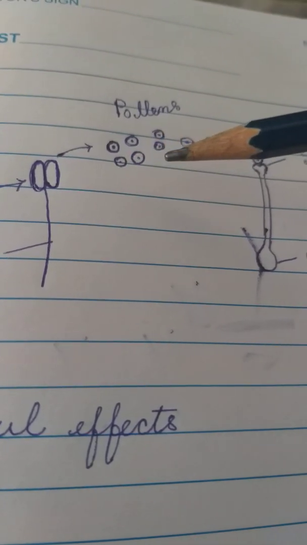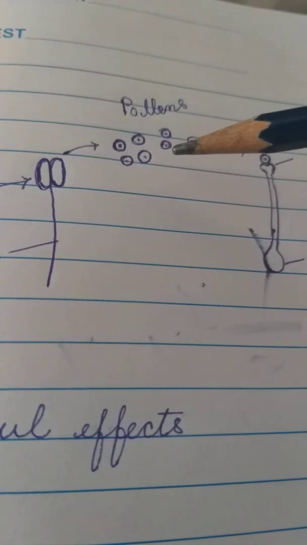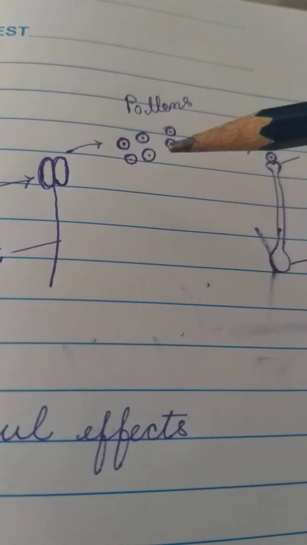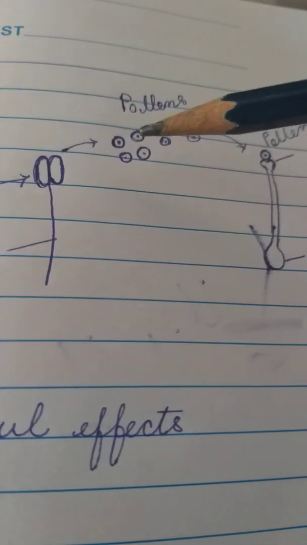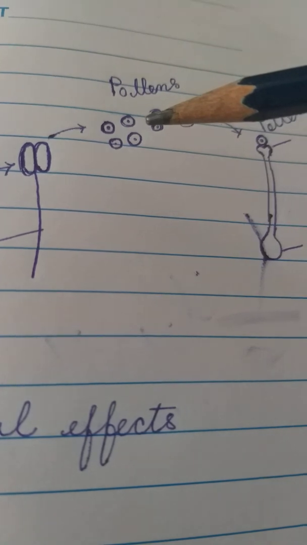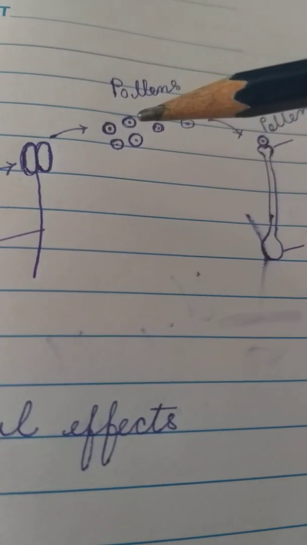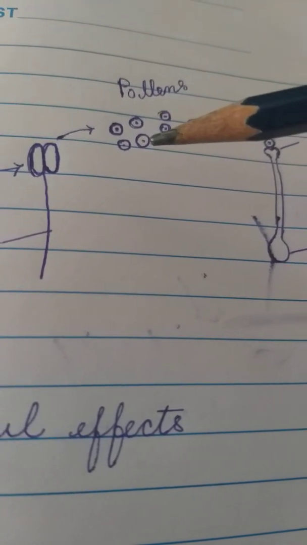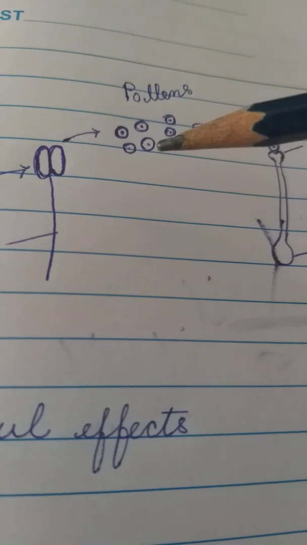At the time of dehiscence, at the time of release, the pollens are two-celled. Each pollen grain contains a large vegetative cell and the smaller generative cell.